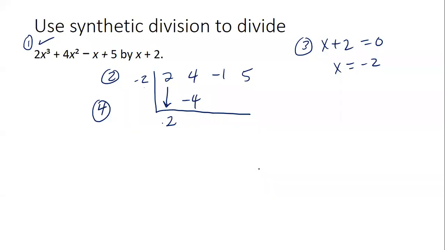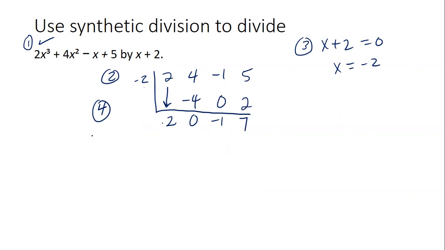All right, so then we have 4 minus 4, which is 0. -2 times 0 is? -1 plus 0 is? -2 times -1. And 5 plus 2 is 7.